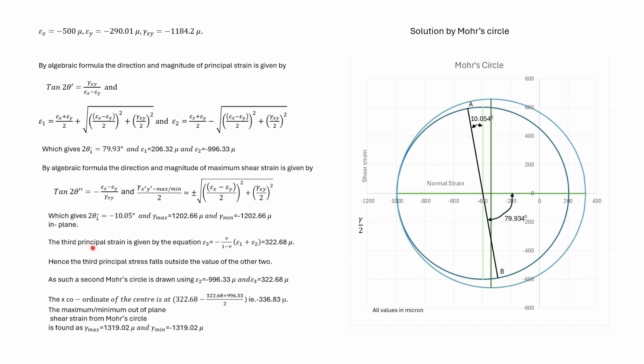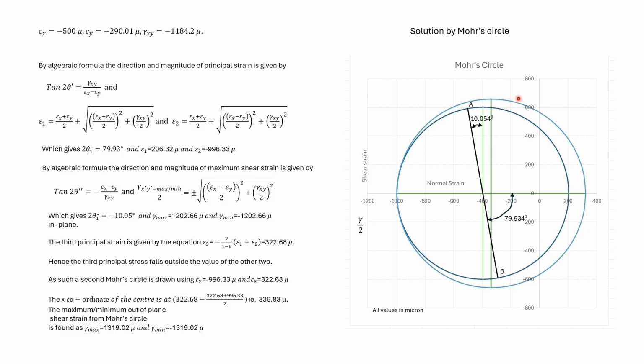Next, we find the value of the third principal strain, epsilon 3, using the values of epsilon 1 and epsilon 2 earlier obtained. The value of epsilon 3 is not in between epsilon 1 and epsilon 2. So the absolute maximum shear strain will not be the maximum in plane shear strain.